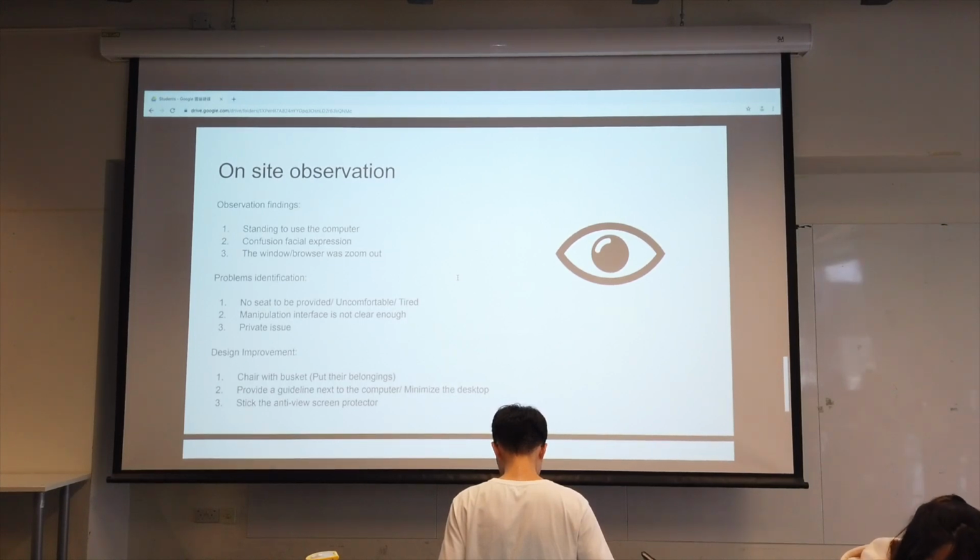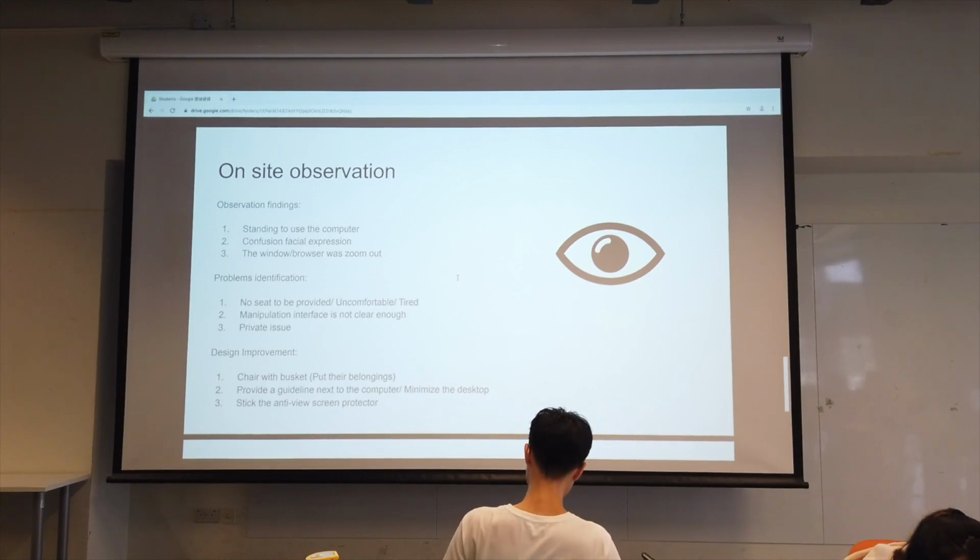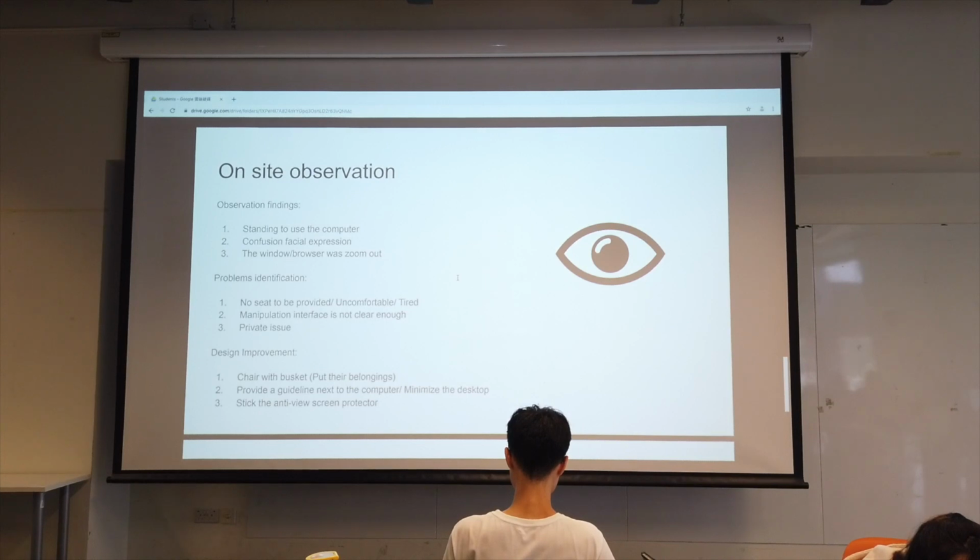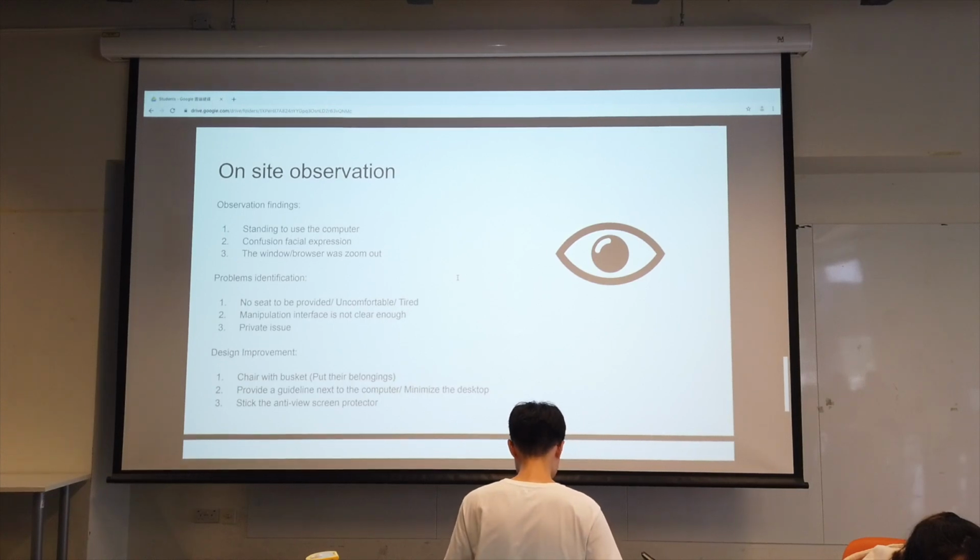So we have some improvements. Maybe we can provide chairs so that they can sit, and an area with boxes to put their belongings. We can provide some guidelines at the computer so that users know how to use the search engine.